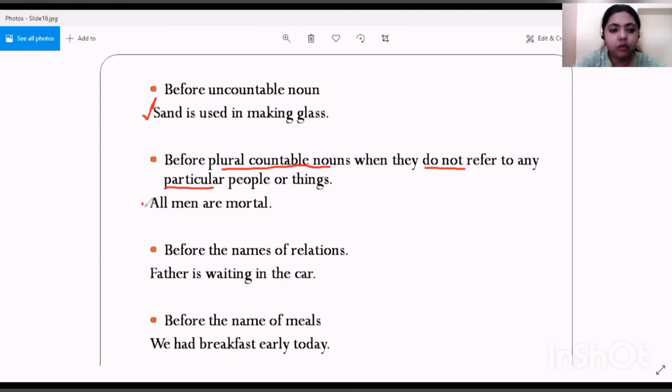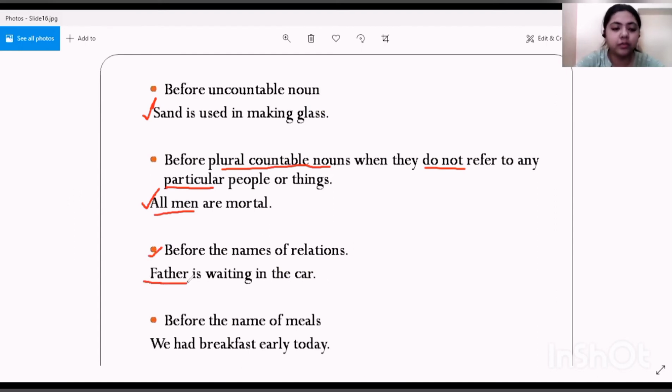For example, all men are mortal. We do not say all the men are mortal. So no article would be used here. Before the names of relations, like father is waiting in the car, you don't say a father is waiting or the father is waiting.